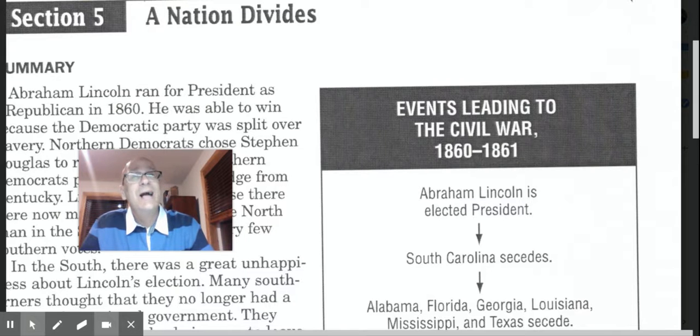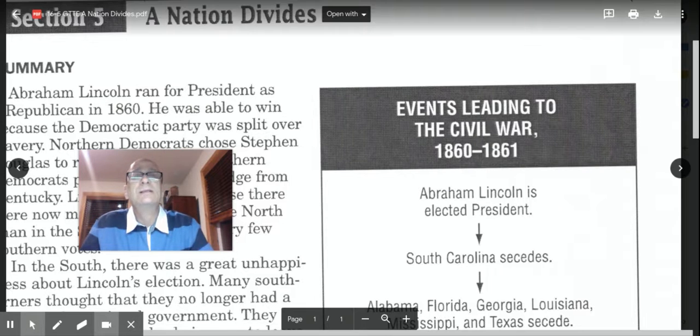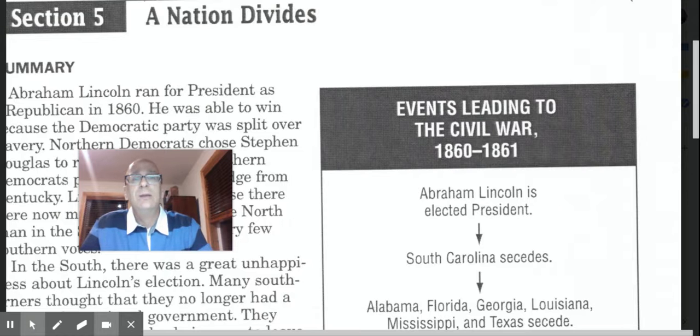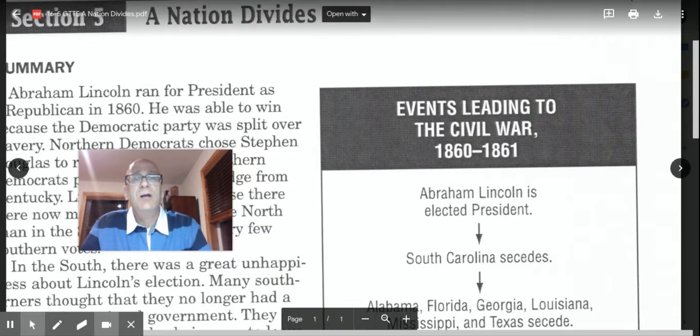Now, Lincoln had not said during the course of the campaign that he was going to abolish slavery. Lincoln only spoke in kind of cryptic terms about stopping the spread of slavery into new territories or new states. But regardless, Southern states did believe that Lincoln would eventually move to abolish slavery.